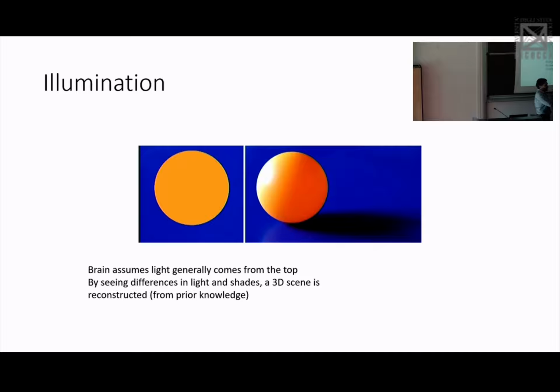Now, there's no 3D. This is not stereoscopic vision. We are looking with just one eye. Yet our brain says, okay, this is a sphere, not a circle. Again, this is all based on prior knowledge, from everyday experience. Our brain is trained like a neural network on recognizing that if we have shade, then it probably is a 3D object.